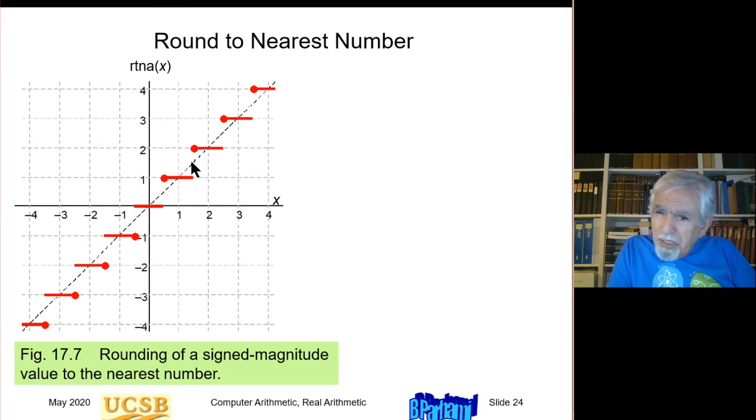Now for midpoints, so 1.5, you have two options, round it down and round it up, and the error will be the same in both cases. And by convention, we choose to round those halfway values up. So 1.5 becomes 2, it doesn't become 1. Negative 1.5 becomes negative 2, not negative 1.